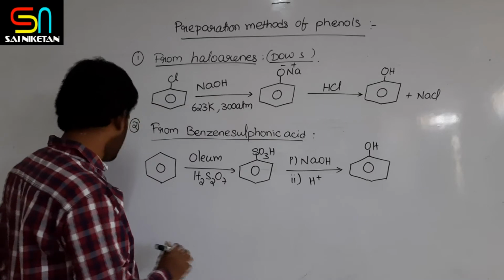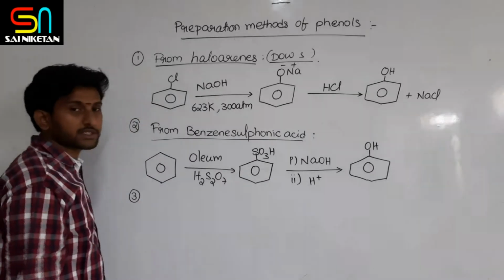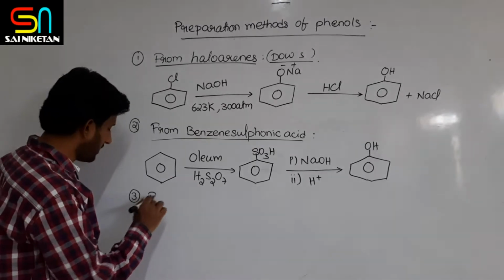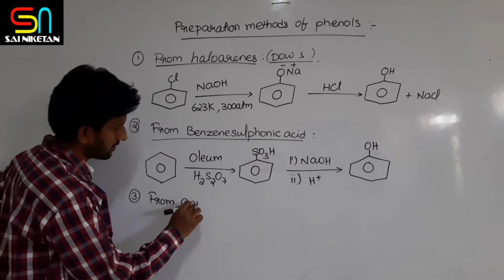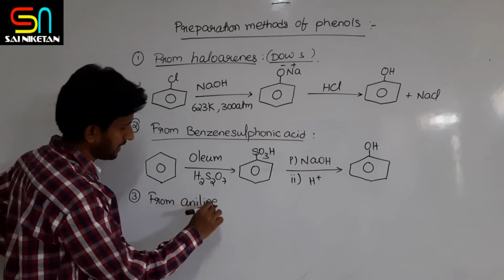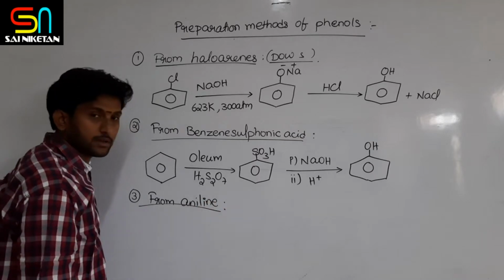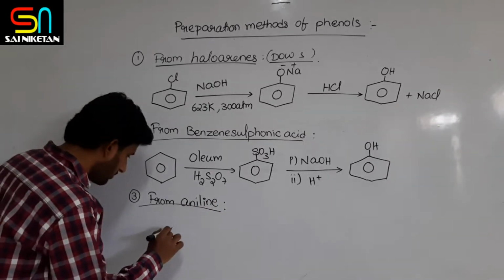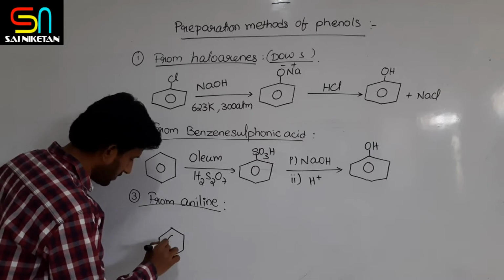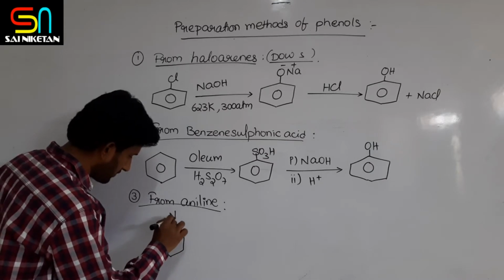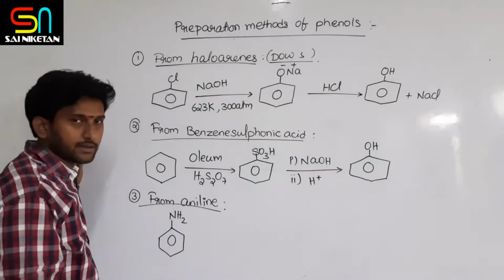Okay. Next, third method of preparation. You can prepare phenol from aniline. Now what is aniline? You know, a benzene ring with NH2. NH2 on benzene is called aniline.